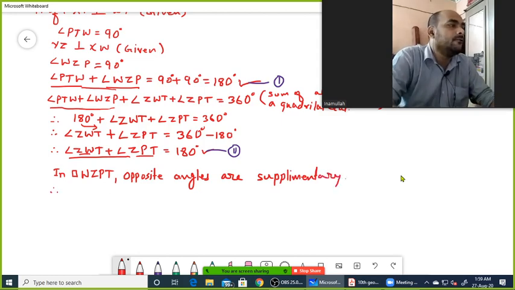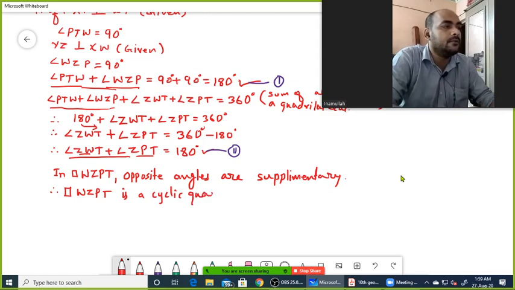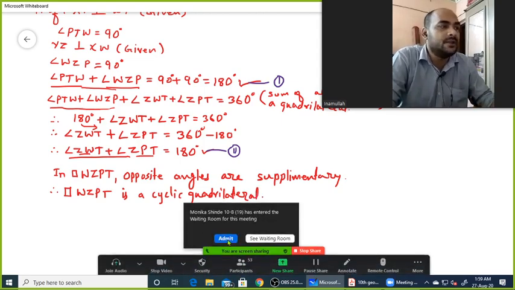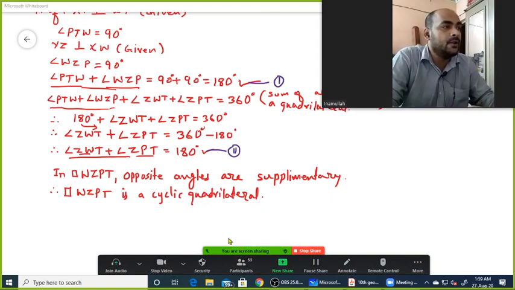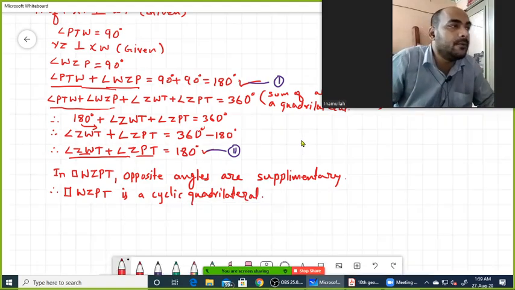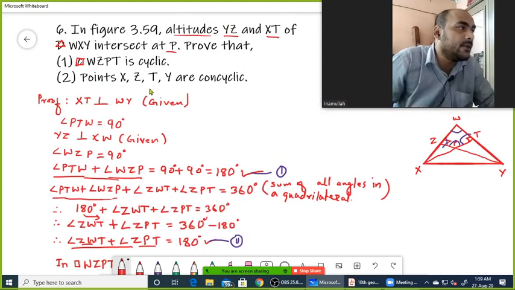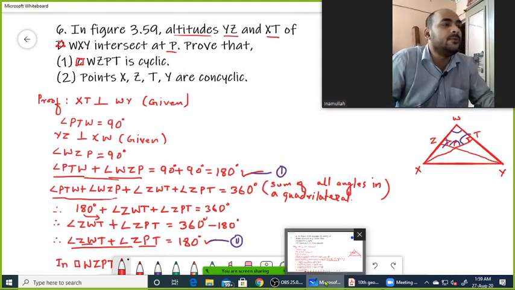So if opposite angles are supplementary, we can say quadrilateral WZPT is a cyclic quadrilateral. So this way we can prove that WZPT is a cyclic quadrilateral. Hope it is clear to everyone. Now the second part of the question: points XZTY are concyclic.